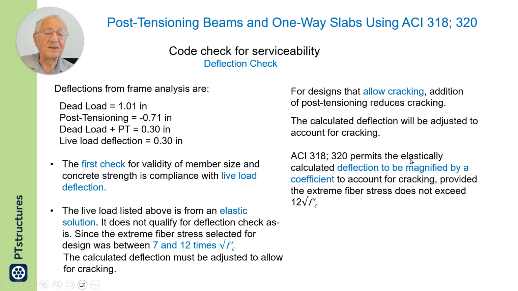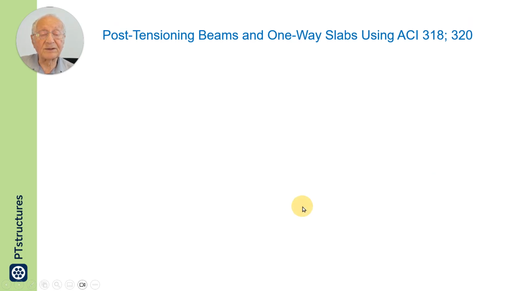ACI permits the elastically calculated deflection, I should add another note to it, based on gross cross-section. That means we assume the entire section effective, but we magnify it by a coefficient if the extreme fiber does not exceed this value.